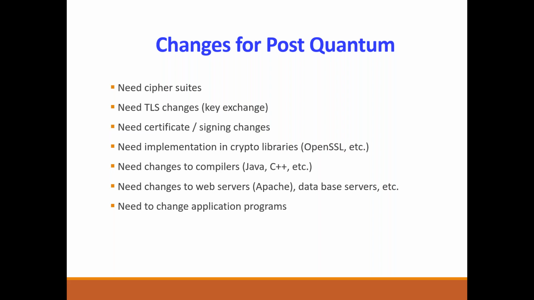The first thing that has started is NIST had to have new cipher suites. Now we have new cipher suites that have been approved. We need to incorporate those into TLS. There are drafts that incorporate them into TLS. There's a draft for hybrid key exchange.